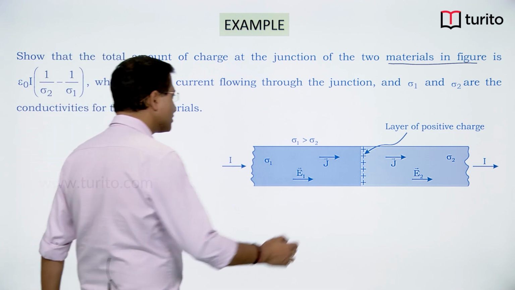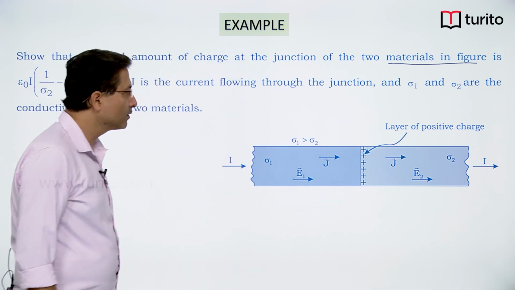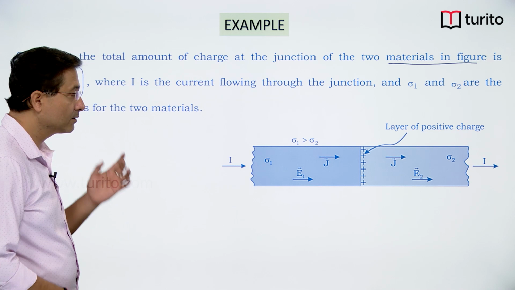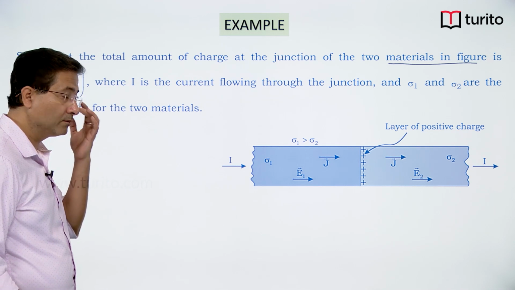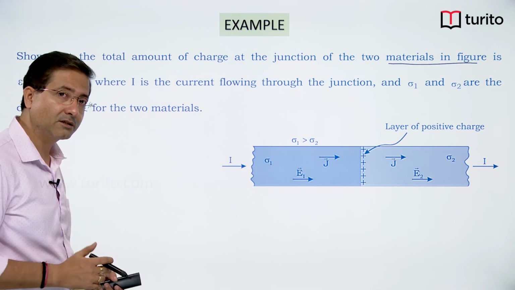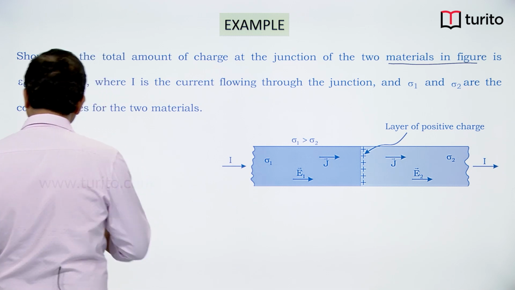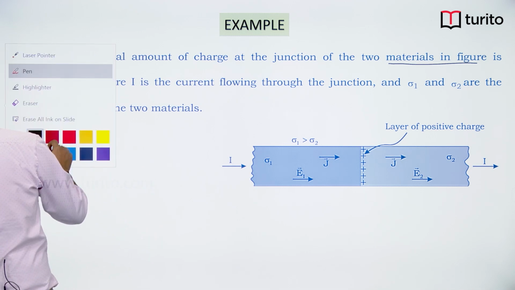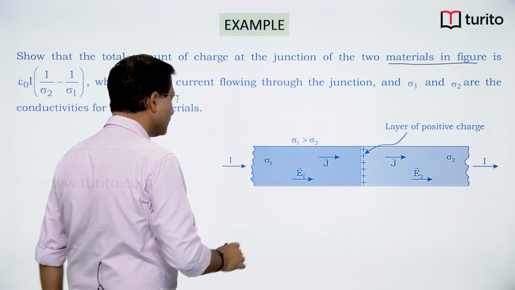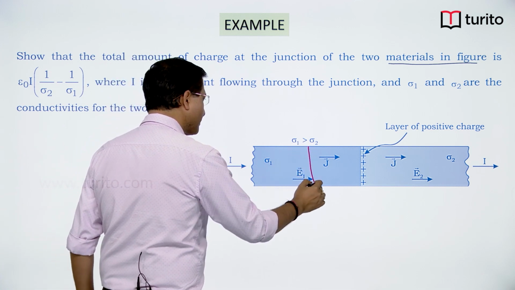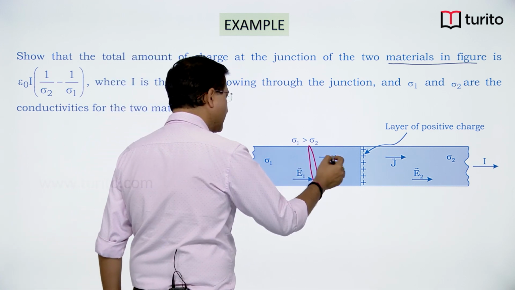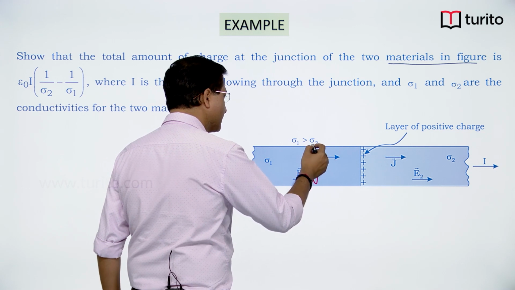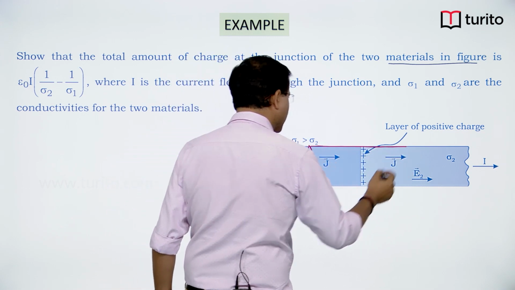To calculate this charge, we can use Gauss law. If I take a Gaussian surface this way, these are cylindrical rods, both having the same cross-sectional area.